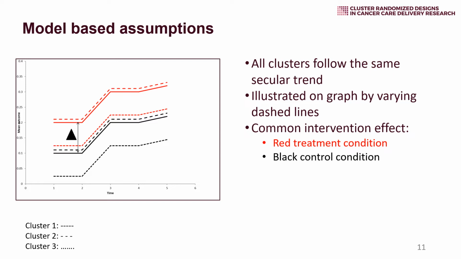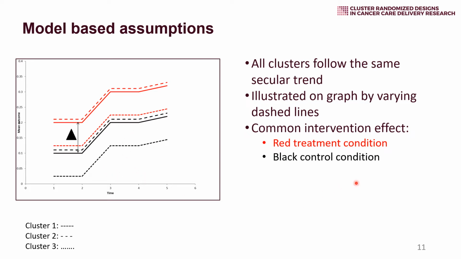The black lines represent the underlying secular trends across these three different clusters. So this black solid line represents what's happening over time in one of the clusters. This dashed line represents what's happening over time in the second cluster, and then our third cluster here. So these are our underlying assumed secular trends.